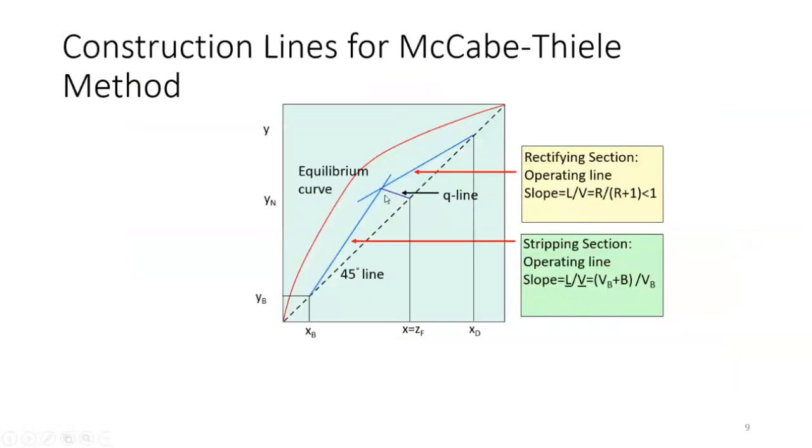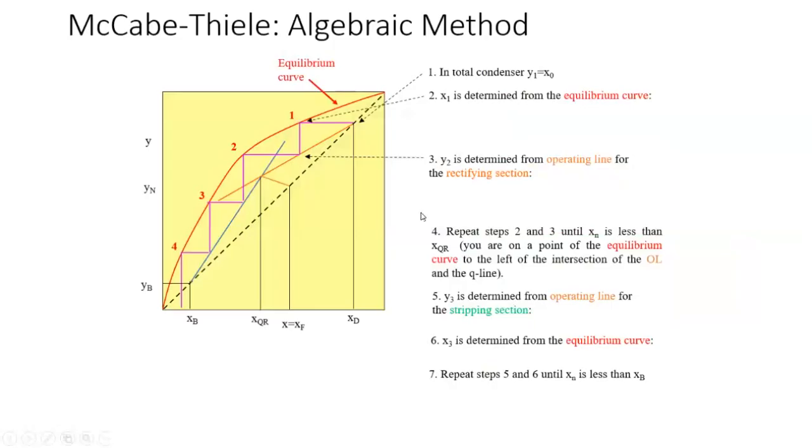So here again another graphic has been shown, showing all the lines: the equilibrium curve, the diagonal line, the operating line for the rectification section, the Q line, and the operating line for the stripping section.